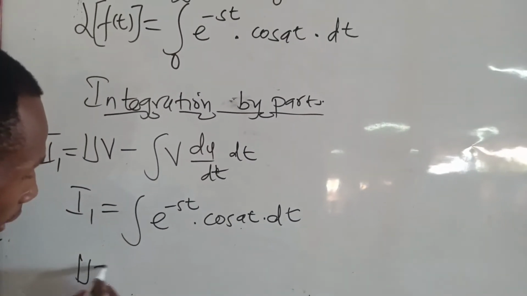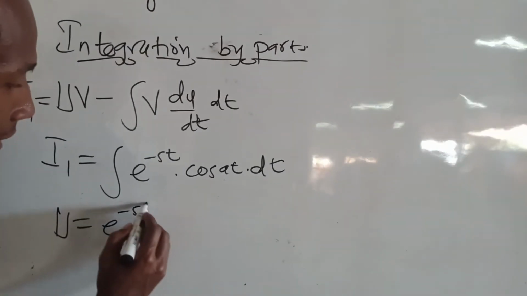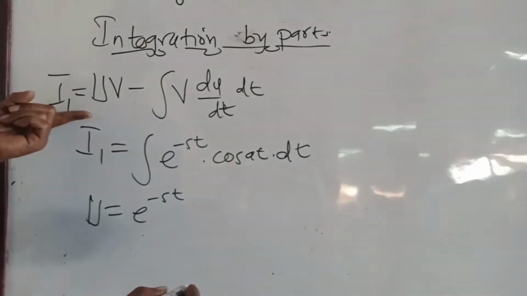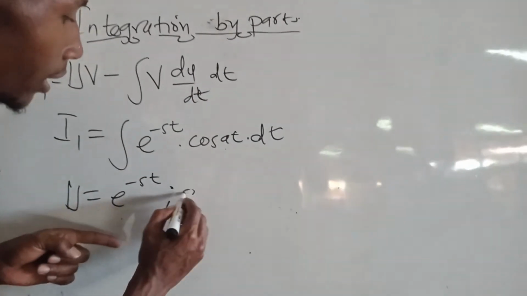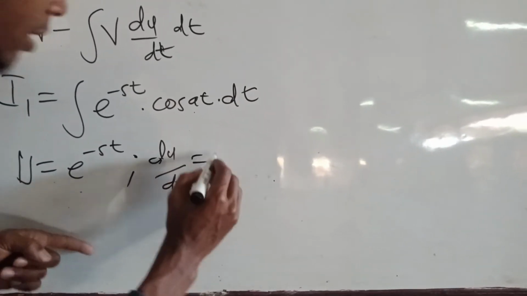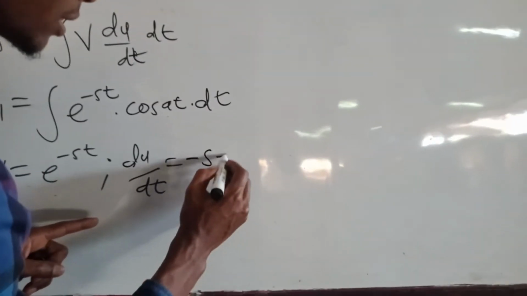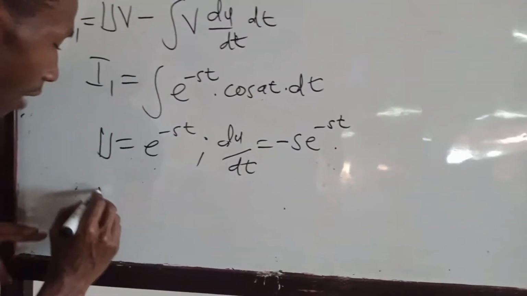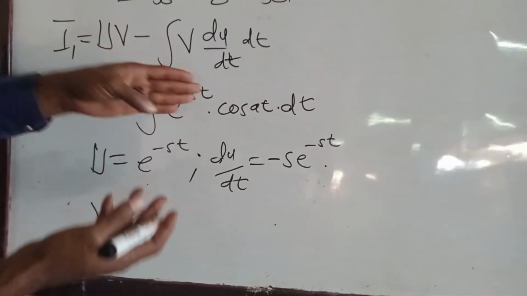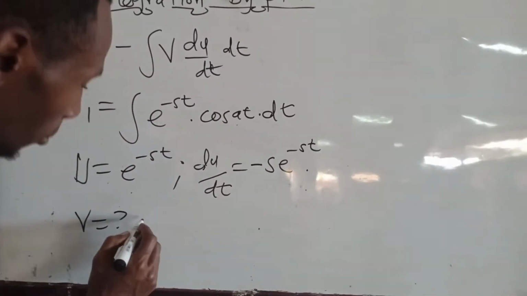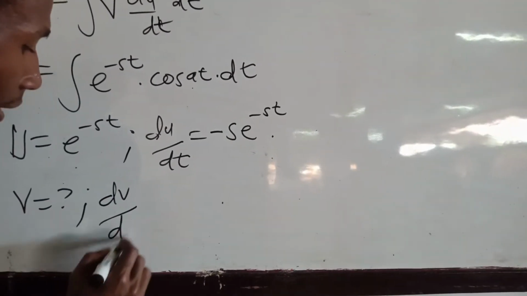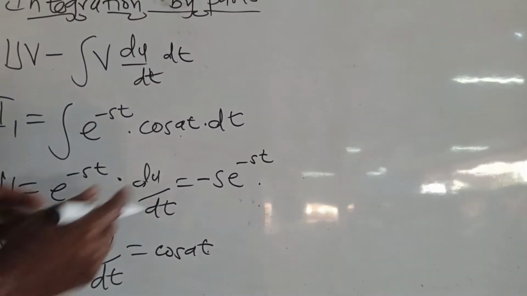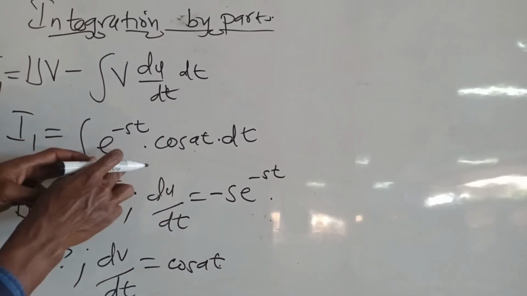So our u is equal to e to the minus st. And because in this formula of integral 1 we have du over dt, we can also say du over dt is equal to, yesterday we said, negative s e to the minus st. Hope you remember that. Then we have v. We don't have v in this place, but we can get v from dv over dt, which is equal to cos at. Very important, this is dv over dt, this one is u.